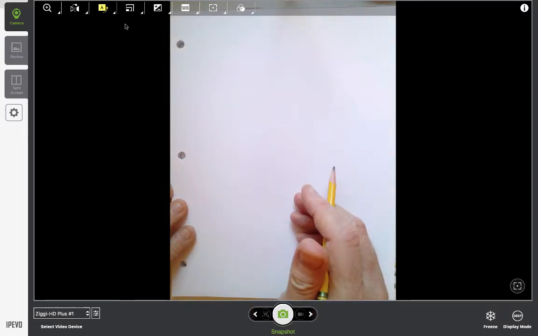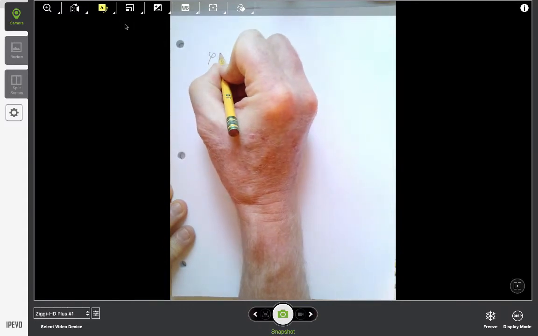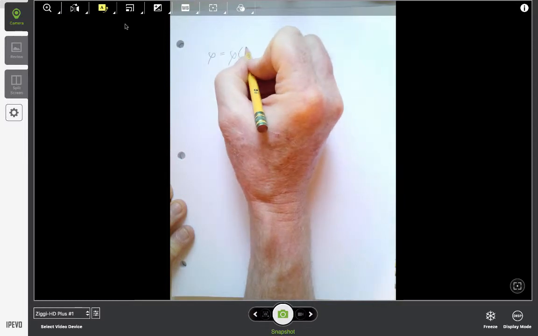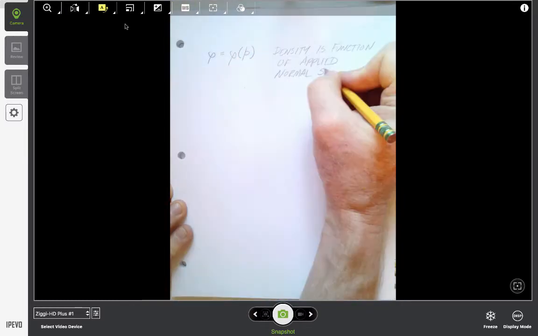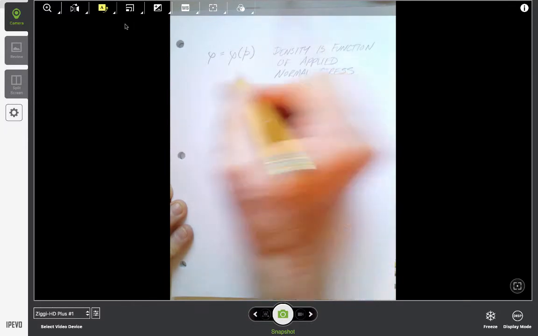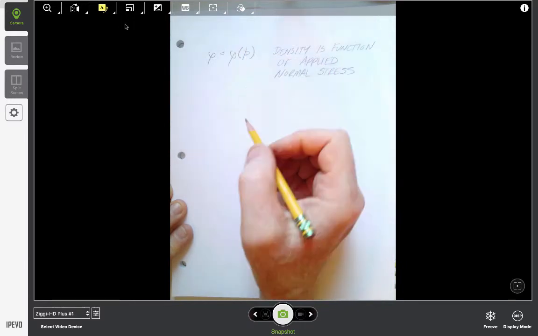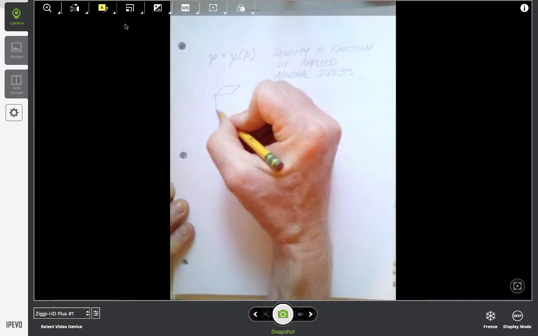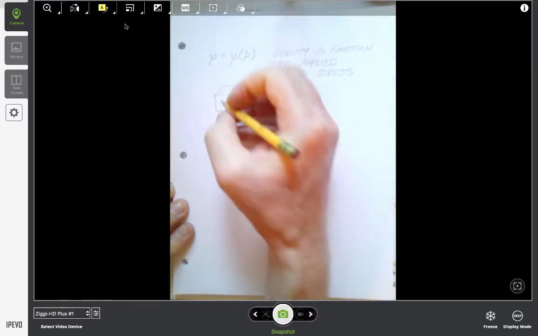Now, in some fluids, density is some function of the applied normal stress. So I'm writing density as a function of applied normal stress. Let me draw my fluid element really quickly to see what we mean by normal stress.